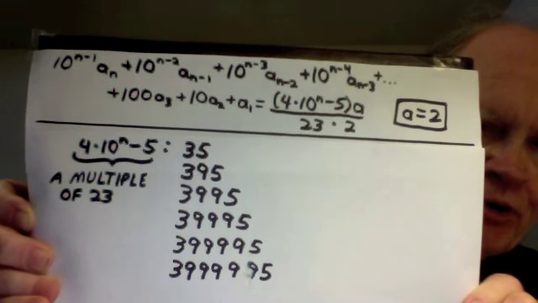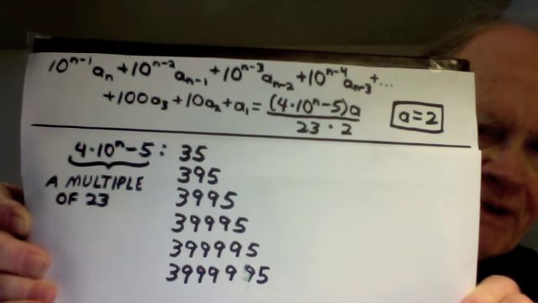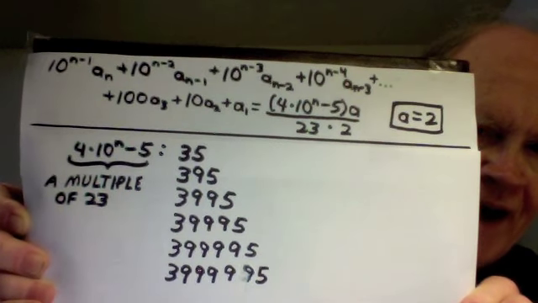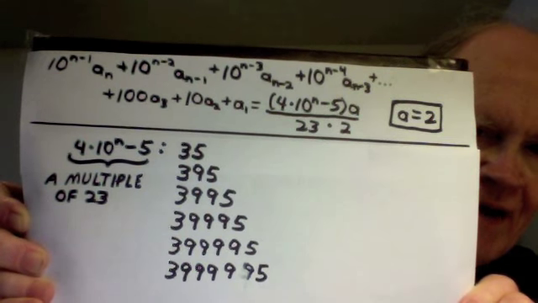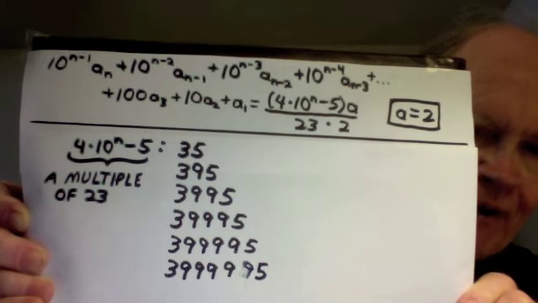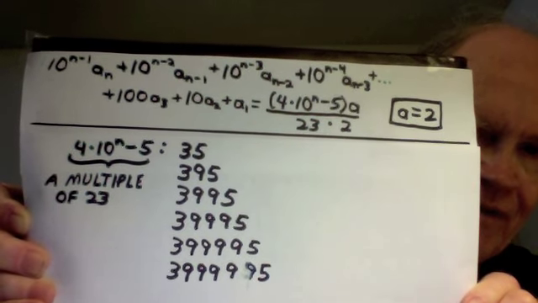For n equals 2, its value is 395. For n equals 3, it's 3995. For n equals 4, it's 39995. For n equals 5, it's 399995, and so on. It's a 3 followed by a string of 9s and ending with 5.